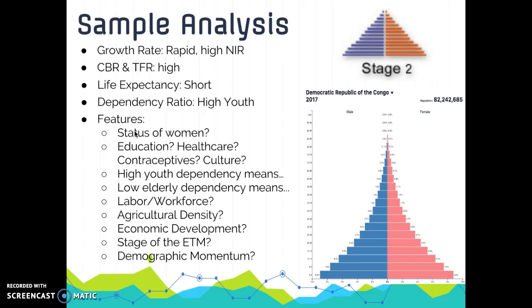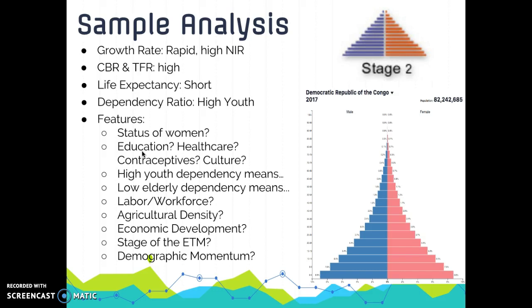So women are not active in the labor force, or the country's culture may value large families, but it's also going to indicate a very low literacy rate for women. In addition to that, the education and access to contraceptives is going to be low, so we don't see a lot of reproductive health education. We don't see wide access to contraceptives.